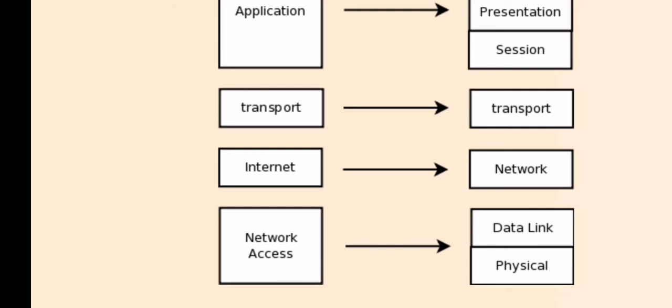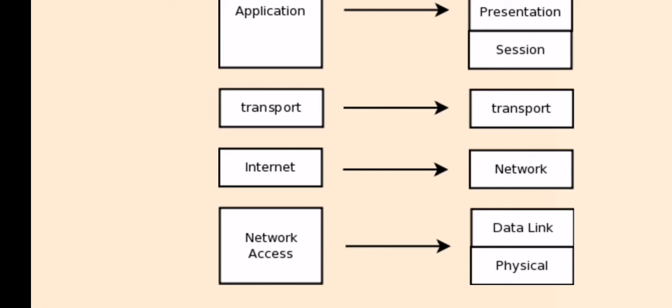It is the layer which holds the whole architecture together. So this is a very important layer. It helps the packet to travel independently to the destination. The order in which packets are received is different from the way they are sent. The IP or the Internet Protocol is used in this layer.